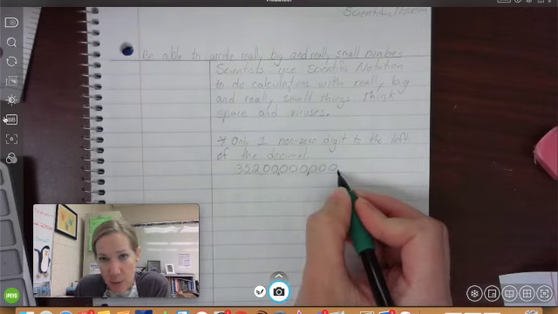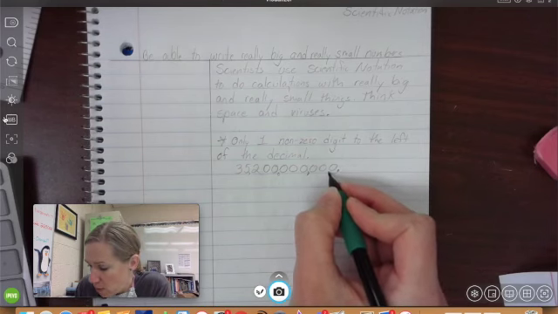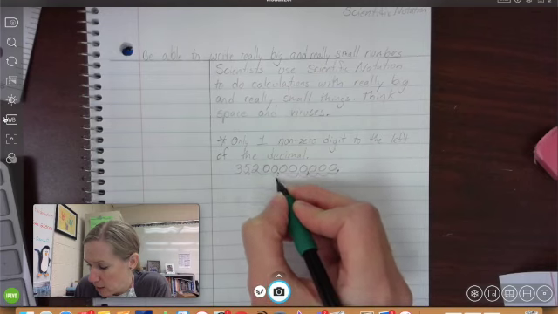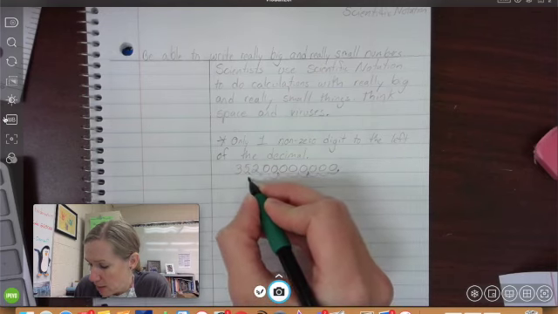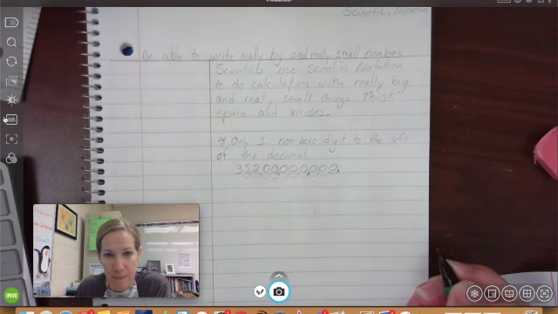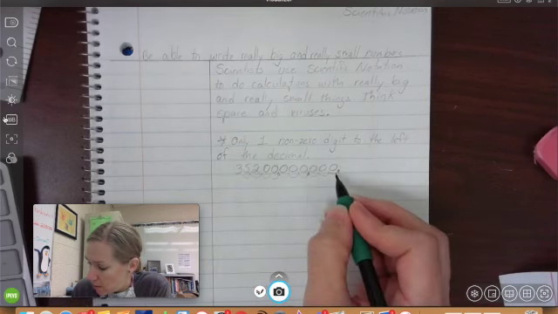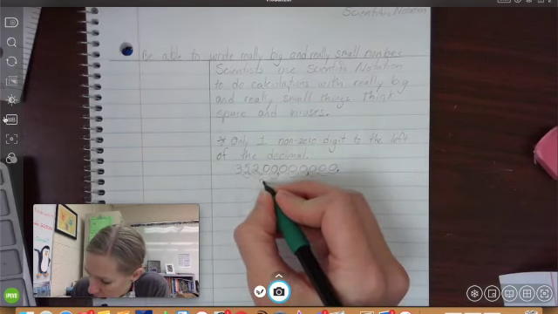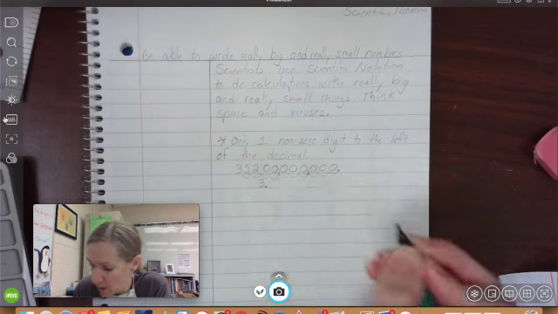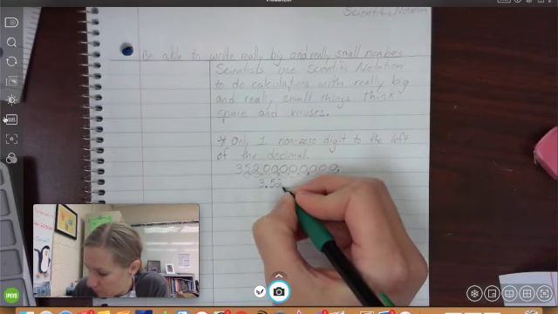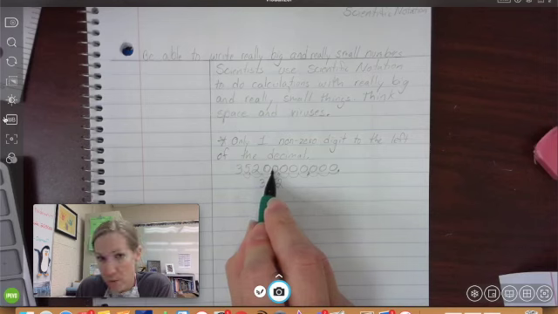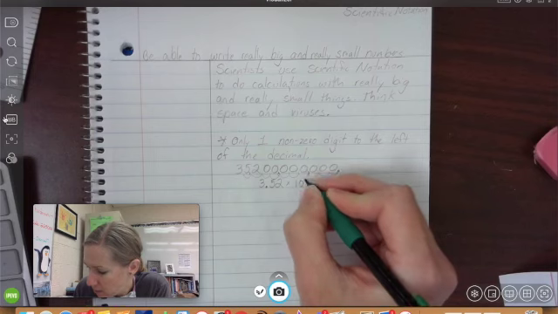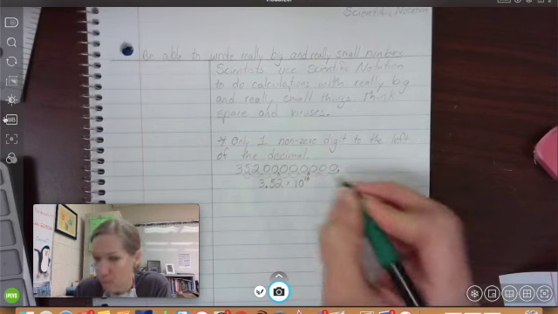So I'm going to take this decimal and I'm going to move it 1, 2, 3, 4, 5, 6, 7, 8, 9, 10 places. Because I'm moving it 10 places, that means that I'm going to take 3, that's where my decimal is, 0.52, and to make this equal this same number, I'm going to need to multiply that by 10 to the 10th power.